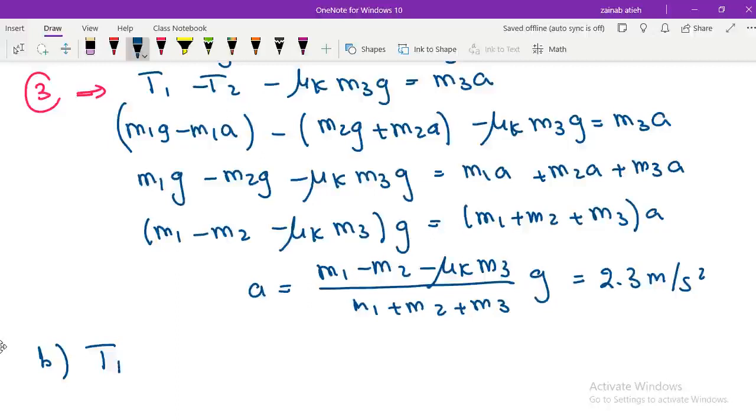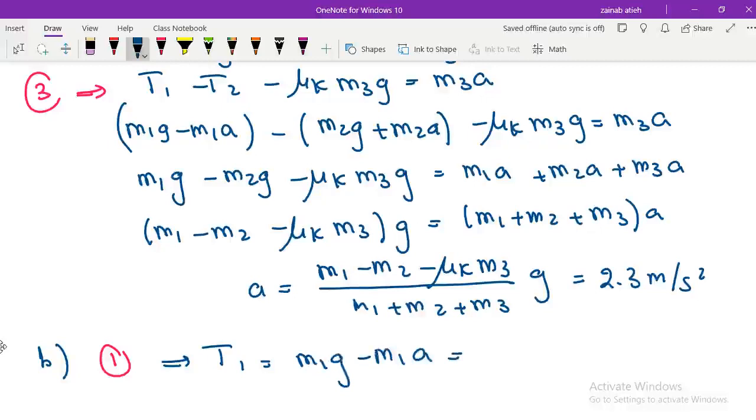How do I get T1 from equation 1? I will erase this one. From equation 1, I had T1 equals M1G minus M1A. I substitute with the A, the M1, and G 9.8.